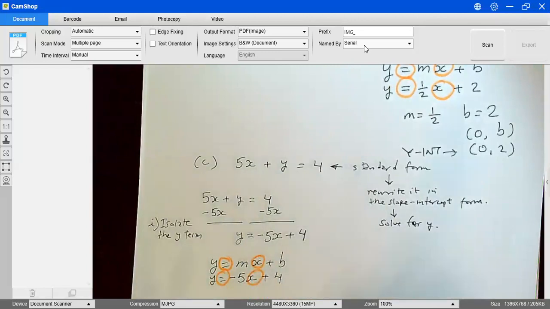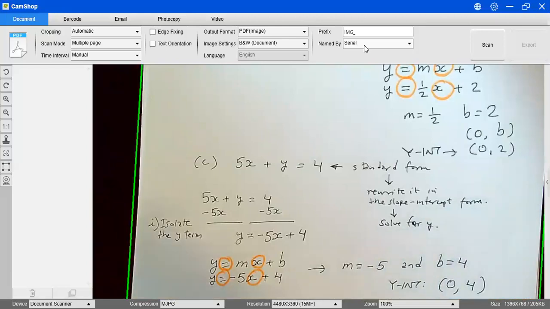So you can now, by inspection, find that m equals negative 5 and b equals 4. So the corresponding y-intercept is at 0, 4. So I'm doing this step because we're going to need this point later to work on the last method that we're going to learn about graphing linear equations.